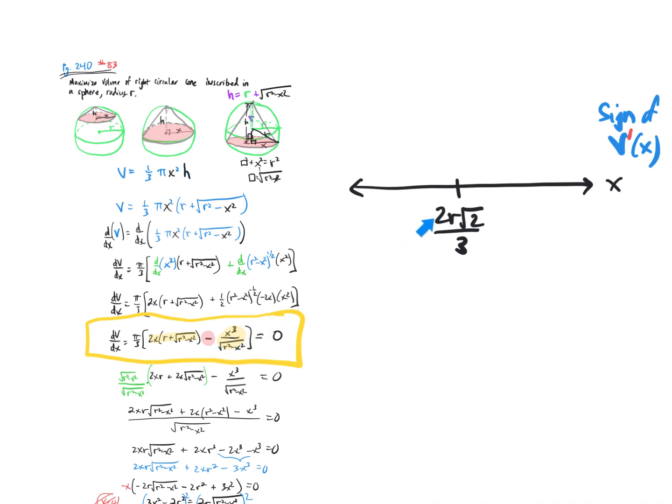All right, so if we take some value to the left of this critical number, let's take a value that's really close to 0. That would be to the left of that critical number. If x is really close to 0, we're subtracting a really tiny fraction. For example, if x was 1,000th, x cubed would be 1/1,000,000,000th.